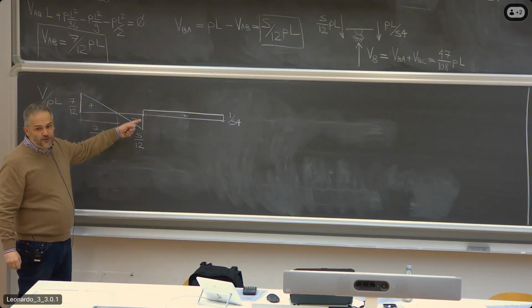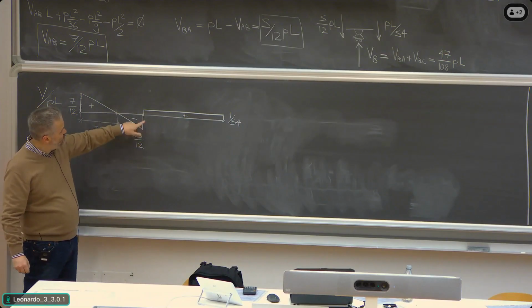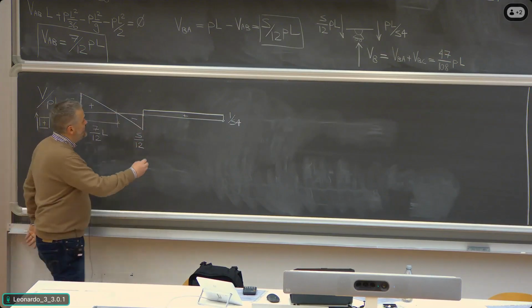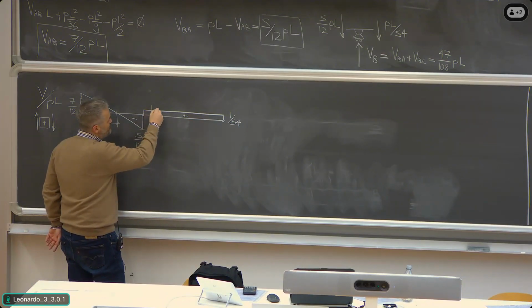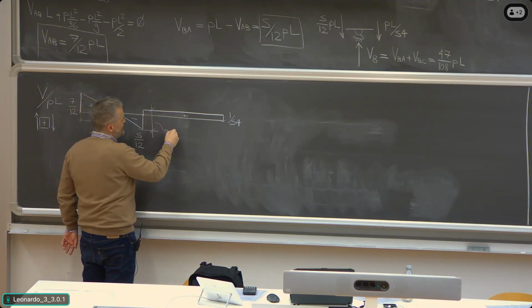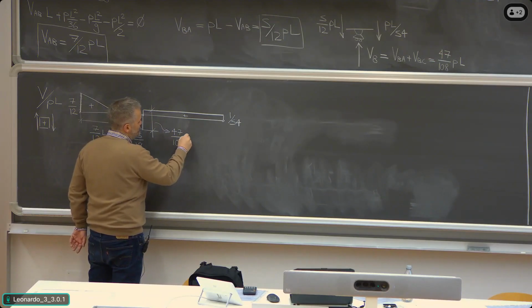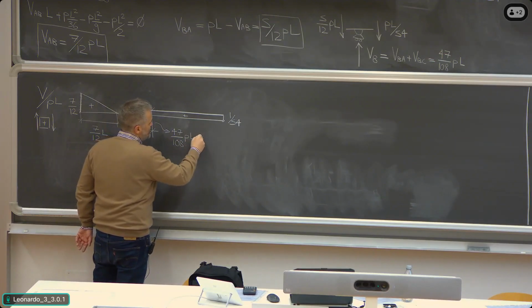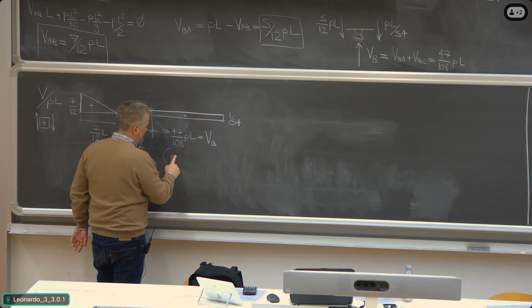Why is the shear force discontinuous here? Why does it jump from a negative value to a positive value? As a matter of fact, if you look at this value, the distance between these 2 points, this is 47/108 PL, which is equal to what I call VB, concentrated reaction force.